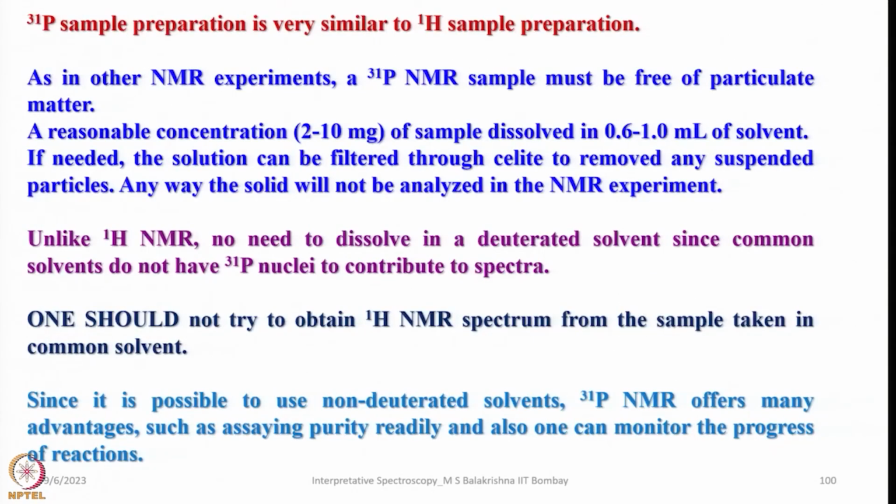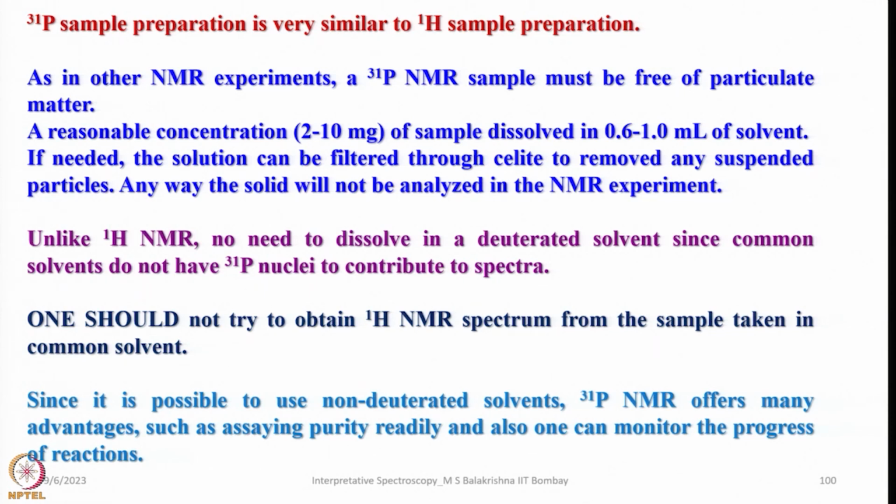So now we have understood that the interpretation is very similar, and 31P sample preparation is also very similar to 1H sample preparation. As in other NMR experiments, the 31P NMR sample must be free of particulate matter because of homogeneity problems and other things. If any particulate matter is there, it is better to filter and then use a clear solution.